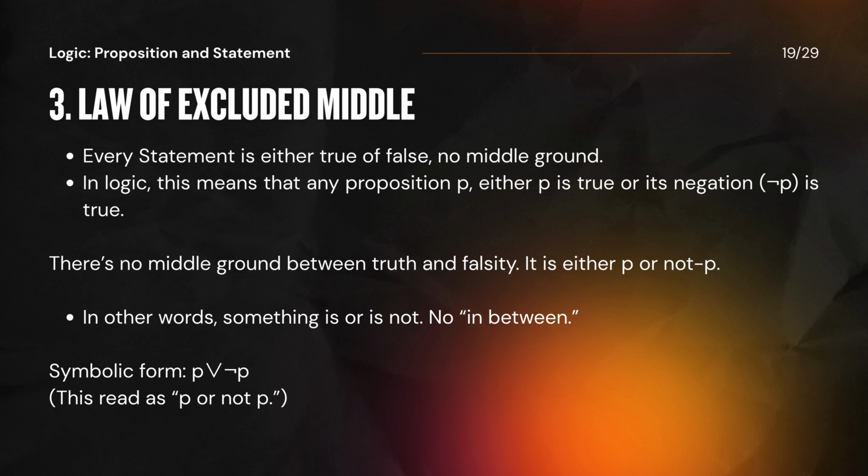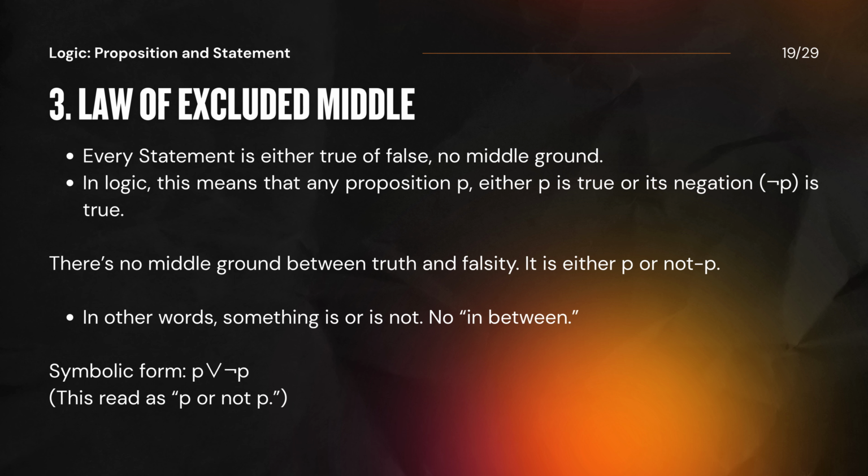So, for example, it is raining. This statement is either true or false. Hindi pwedeng partly true or halfway raining lang. Number 5 is an even number. This can only be true or false. Walang middle option. This cup is made of glass. It is either made of glass or not made of glass. Walang gitnang sagot. Hazel is awake. You're either awake or not awake.